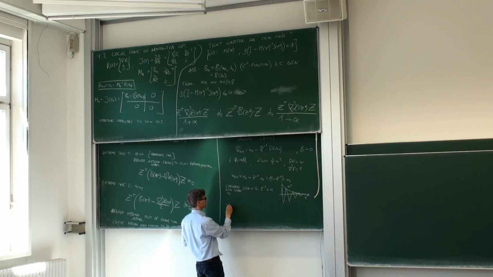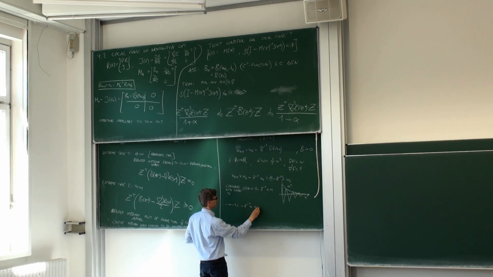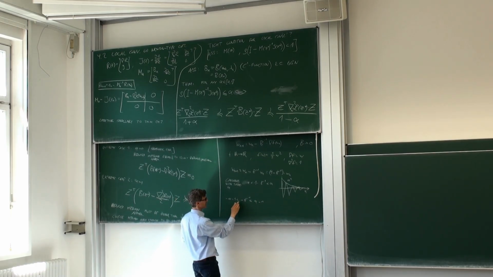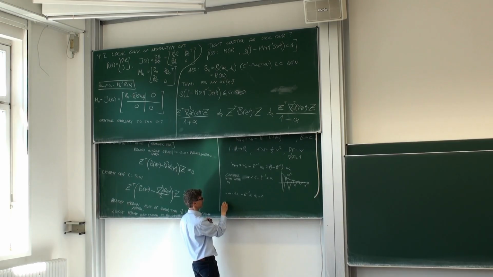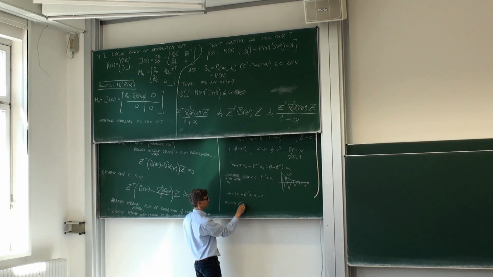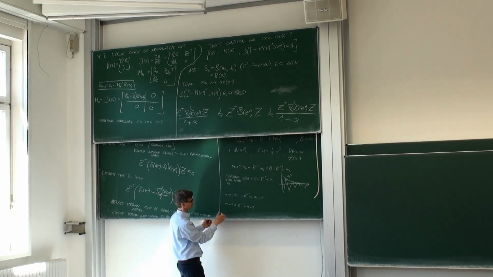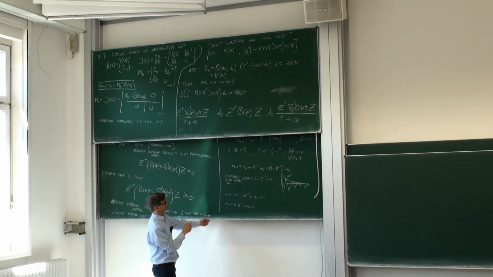So I get minus alpha minus 1 smaller than minus b to the minus 1 smaller than alpha minus 1, right? So that's okay. Now I get rid of the minus by inverting every sign here. Alpha plus 1 is bigger than b to the minus 1 is bigger than alpha minus 1.